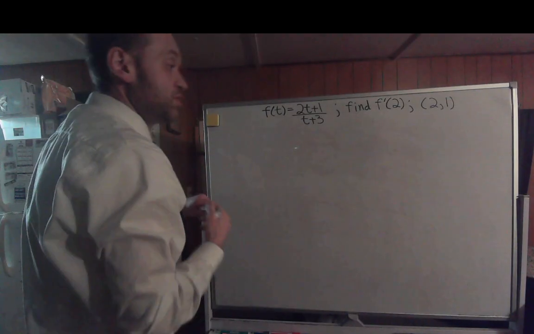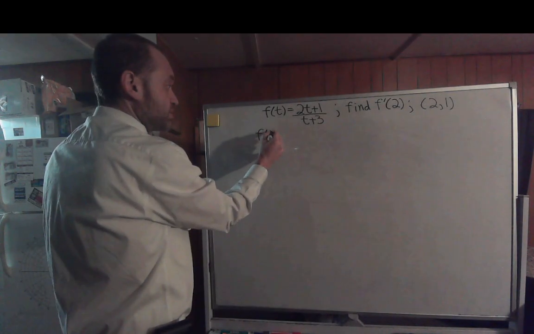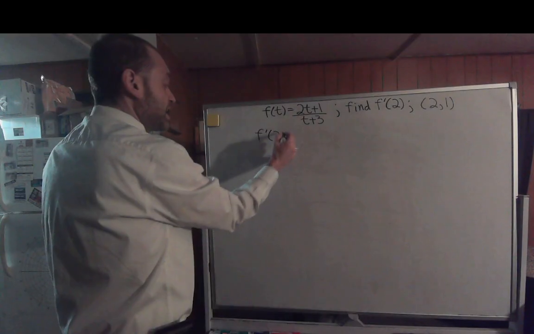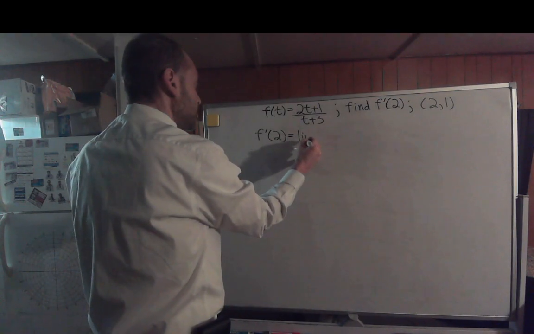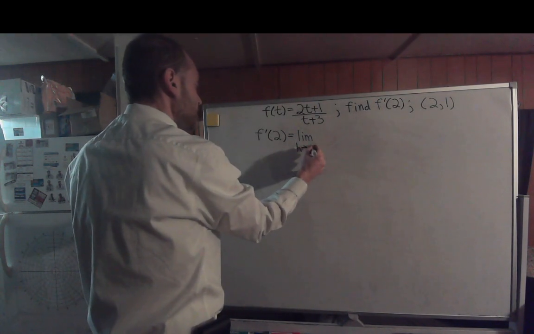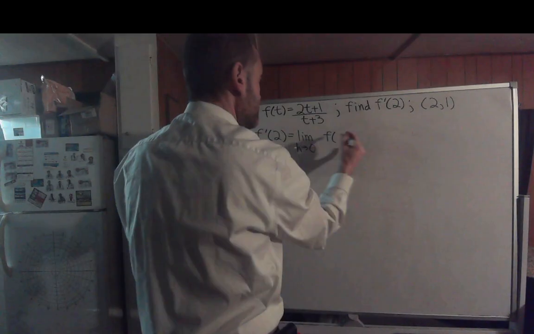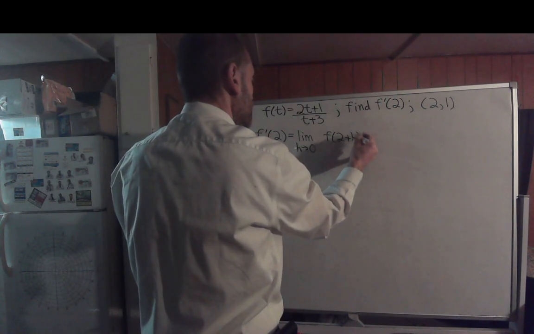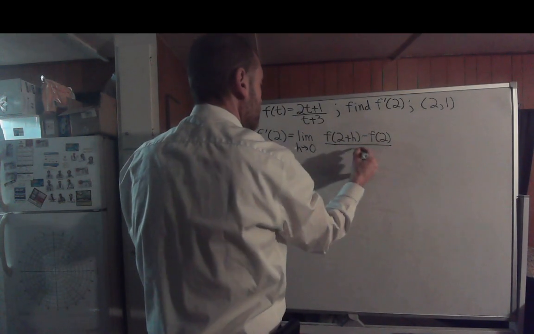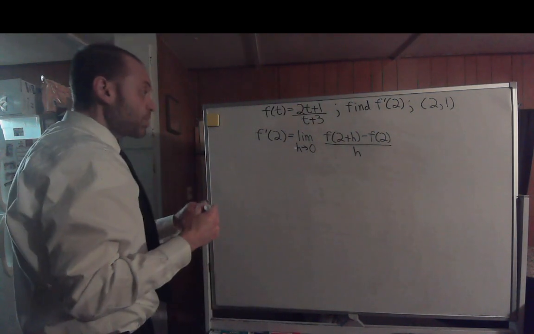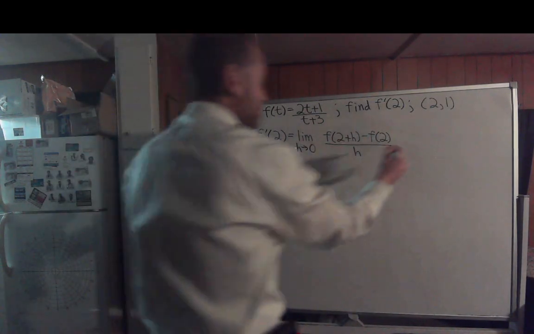Now we can begin to find the derivative at t equals 2. So f prime of 2 is going to equal the limit as h approaches 0 of f of our a, which is 2, plus h, minus f of a, which is f of 2, all over h. Now, wherever you see that t, you put in the 2 plus h.